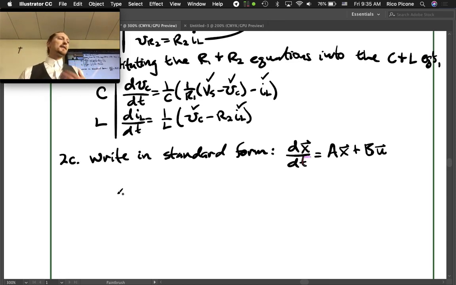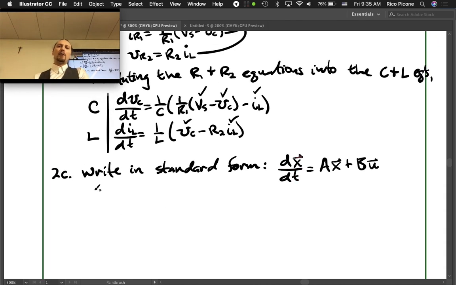So the way I like to do it, and everybody can sort of choose their own way of doing it, but in order to keep track of where you are, it's kind of nice, like what was the order of your state vector? Sometimes it's easy to forget. So what I usually do is I will write out x or dx dt explicitly.